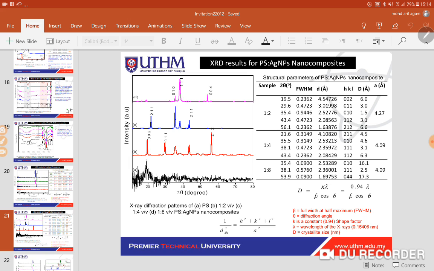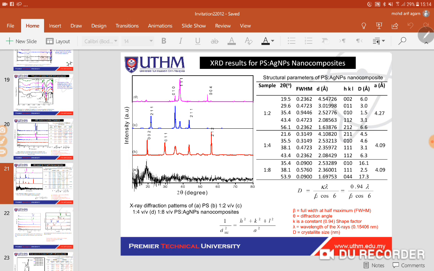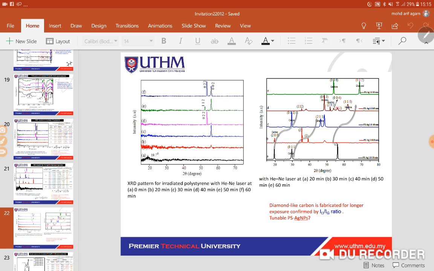You can see that the polystyrene is not arranged at all, but after 20 minutes of irradiation, B, C and D are the polystyrene argentum nanocomposite results, meaning that just doping the nanoparticles into the polystyrene already makes a different arrangement. Now if we laser it, you can see that this is just polystyrene.